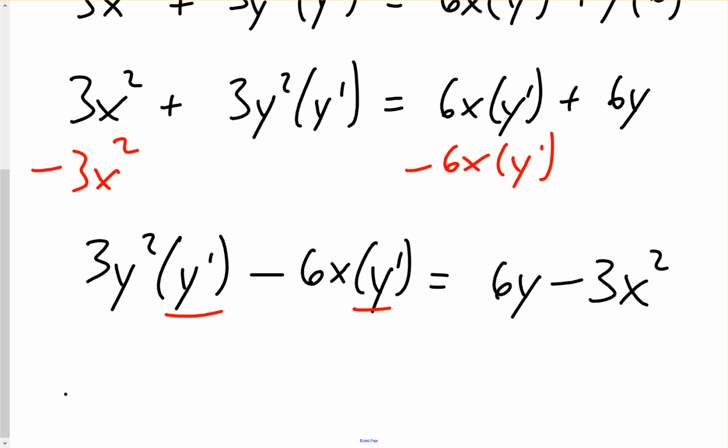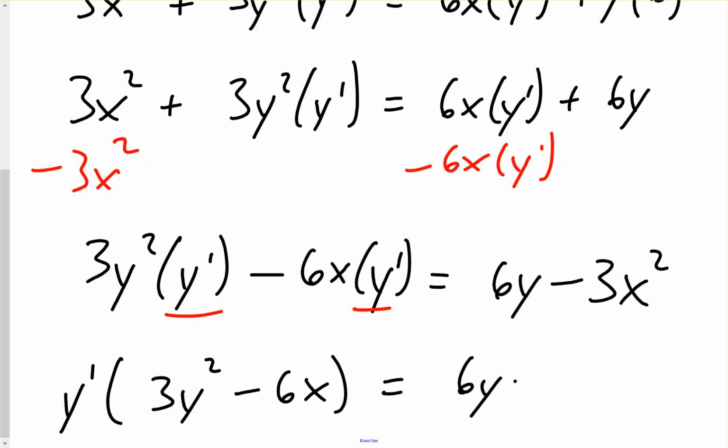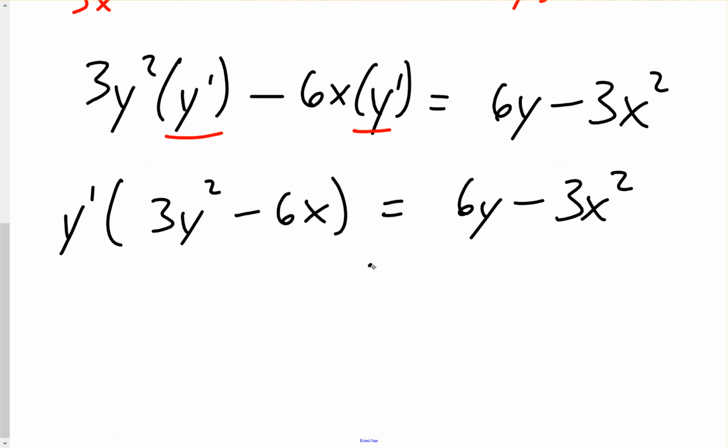Inside the parentheses, we're left with 3y squared minus 6x. And then next step, we're going to divide both sides by 3y squared minus 6x.